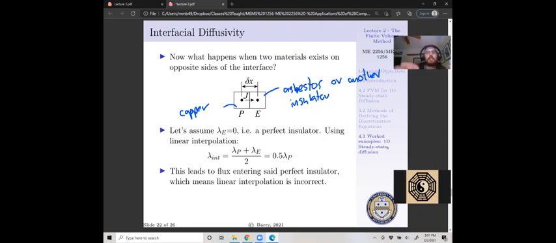Now, if we used our interpolation scheme and we wanted to determine the diffusivity gamma east, which is equal to our diffusivity lambda east at the interface, which we'll just call lambda int, since it's midway between cell center P and cell center E of our two control volumes, we would get an interfacial diffusivity of 0.5 lambda P. So say this was equal to 1, and this was equal to 0.